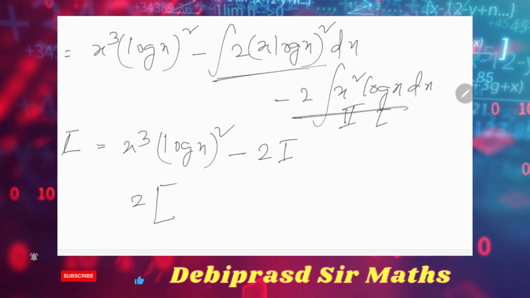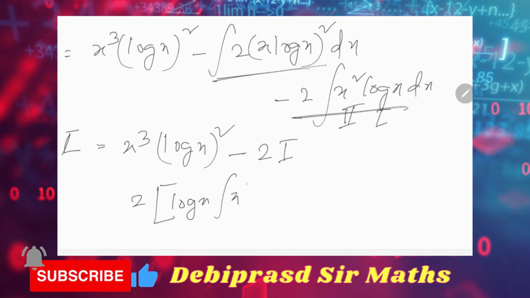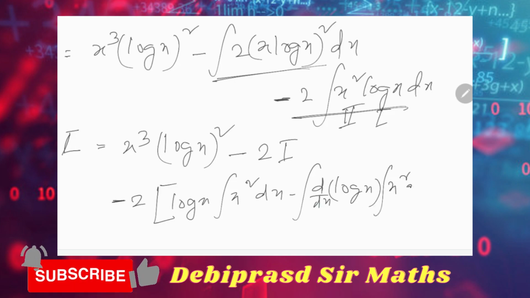So how will I proceed? I will write log x square. There are minus sign, so I will take that minus sign, x square dx minus d dx of log x, then integration x square dx again dx.